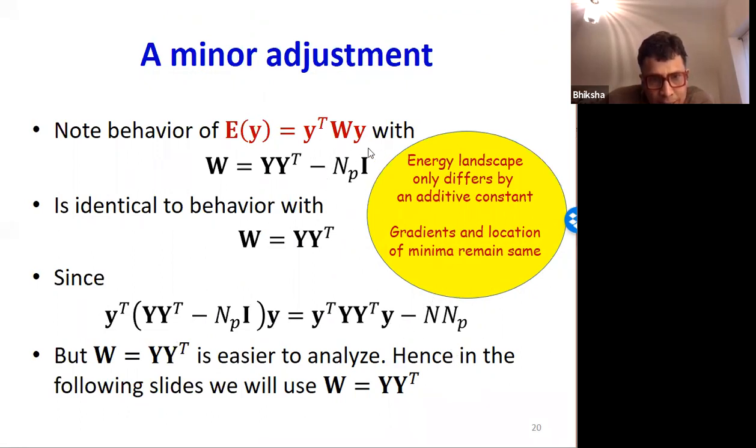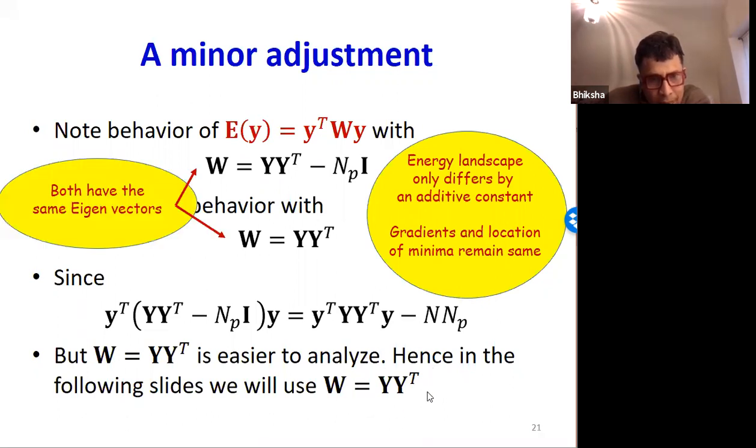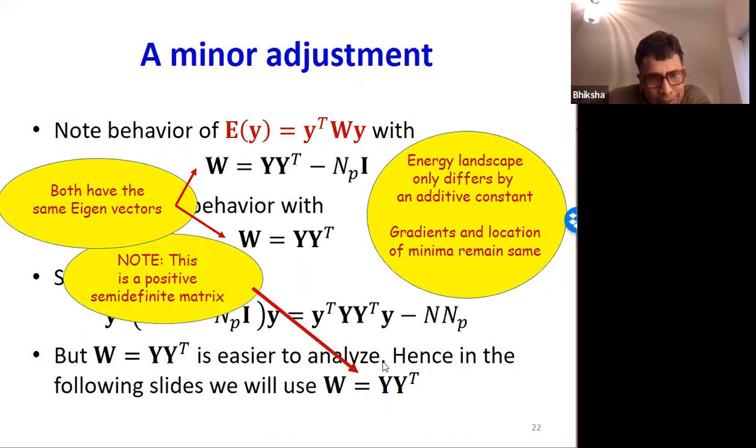So subtracting this diagonal matrix, making the diagonal values of the matrix 0, basically just shifts the energy contour up and down by this little constant, okay? So that means I can just focus on analyzing just this YY transpose, because subtracting a diagonal matrix doesn't change the eigenvectors. And this one here is a positive semi-definite matrix.